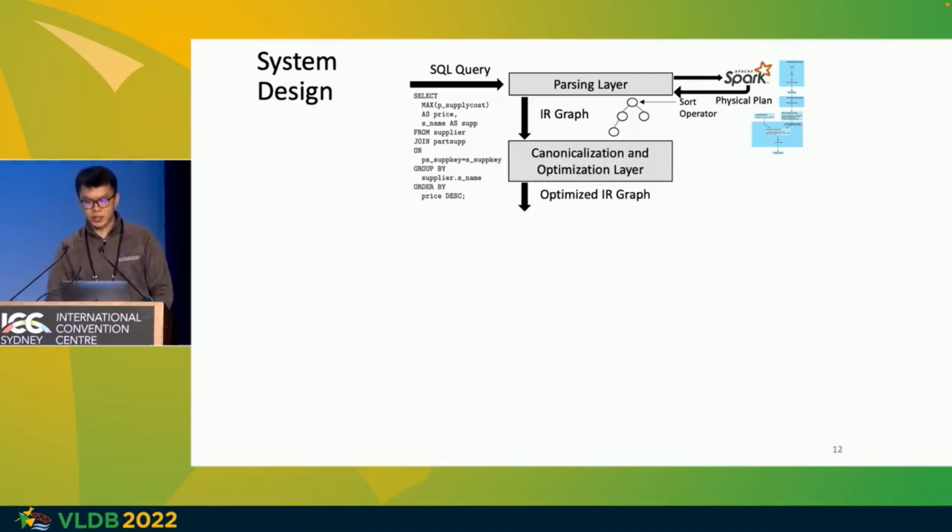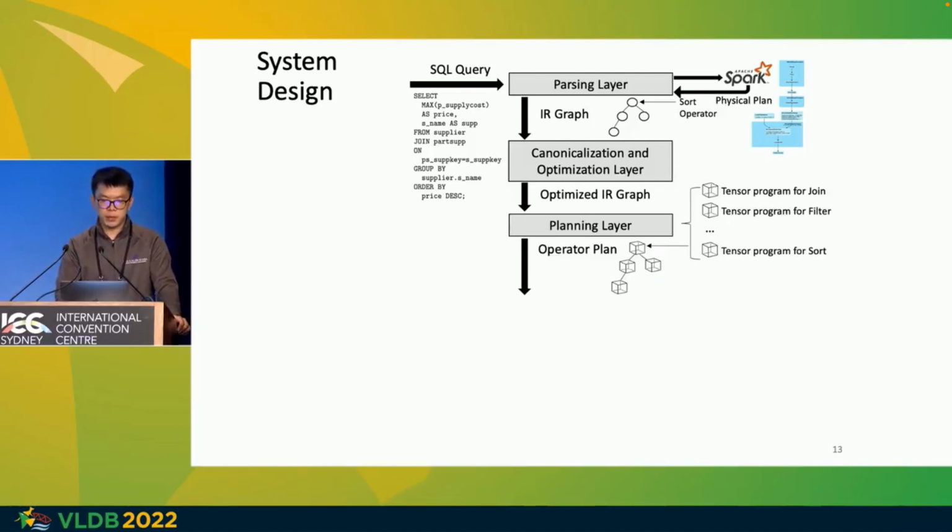Then the canonicalization and optimization layer takes the IR graph and performs IR to IR transformation and simple rule-based optimizations. The optimized IR plan is passed to the planning layer consisting of operator implementations in PyTorch. In this layer, each operator in the IR graph is mapped into a tensor implementation.